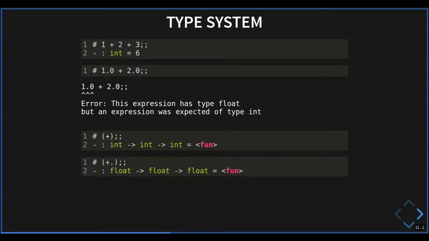And for floating points we have a separate operator, plus dot, and this operator is used to add floating point values. And if we call this operator using floating point values, then we get the proper result.